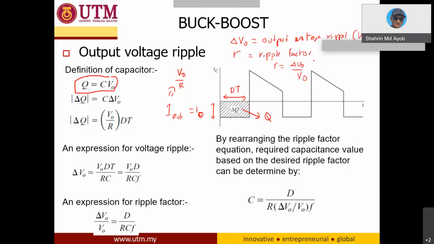This is just a ratio, so please be noted on this. Sometimes we give you output voltage ripple, sometimes we give you the ripple factor. So I hope you know what the ripple factor R is and what the output voltage ripple is. The ripple factor is a ratio, so there is no unit.